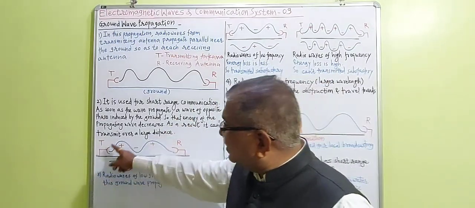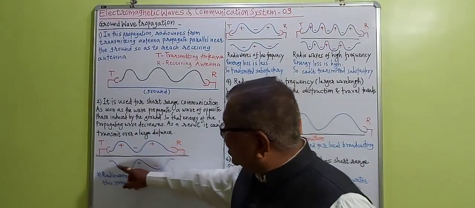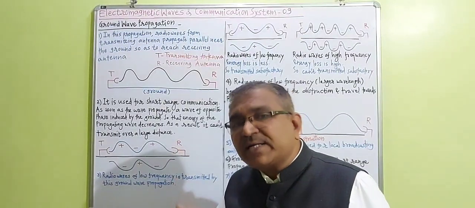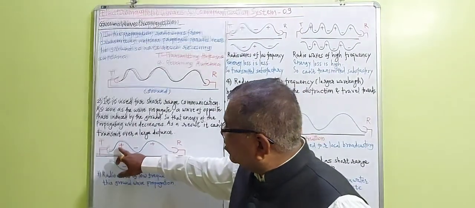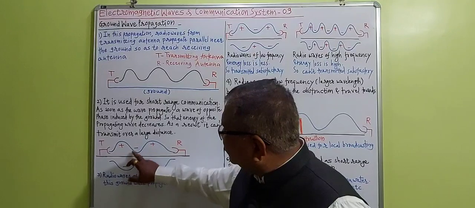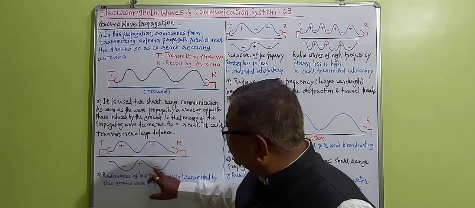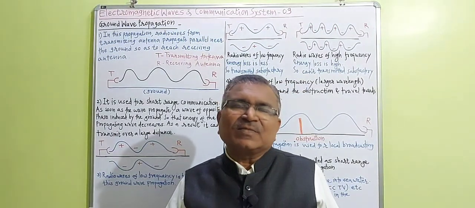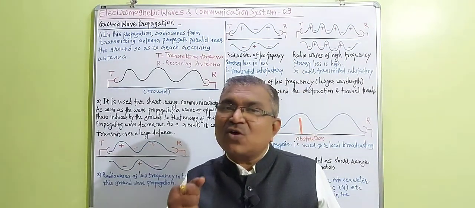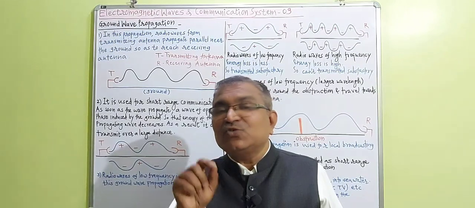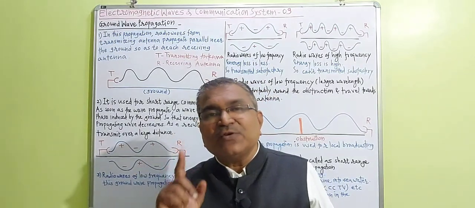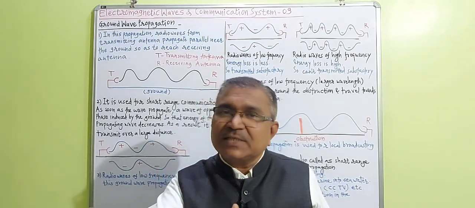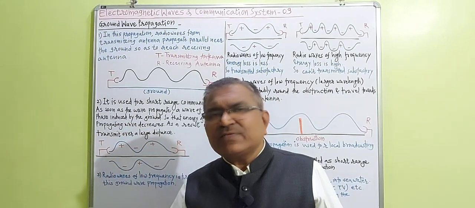As long as the wave is propagating near the ground, a wave of opposite phase is induced by the ground automatically, so that positive, negative, negative, positive polarities neutralize each other, and there is a net loss of energy during the propagation of radio waves from the transmitting antenna towards the receiving antenna.